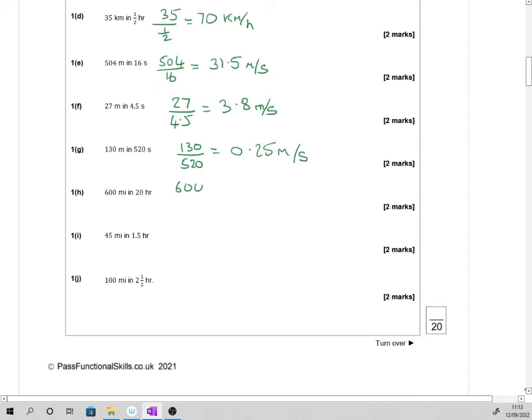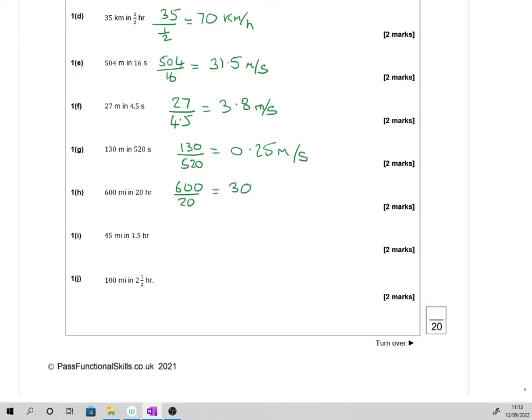So 600 divided by 20 equals 30, or mi, is that miles? Miles per hour. Yeah, mph. 45 divided by 1.5, that's 30, isn't it?